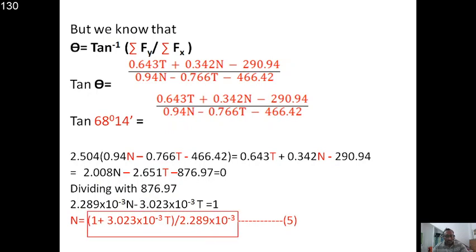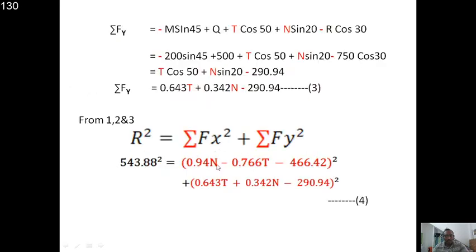There are some divisions, right? N in terms of T has some divisions, multiplications and addition. So you have to substitute this value in the equation of R.